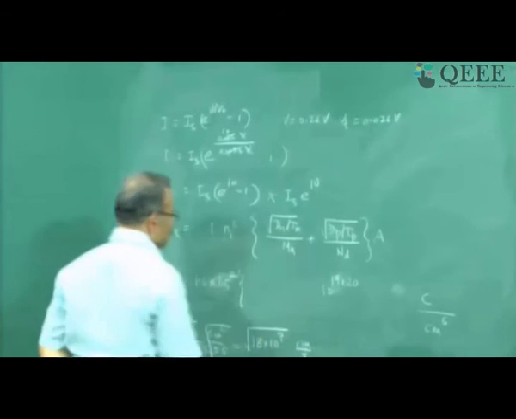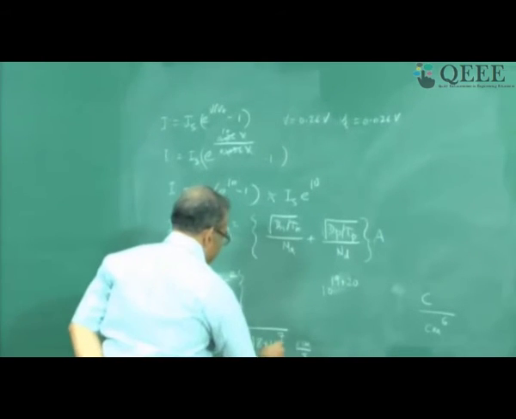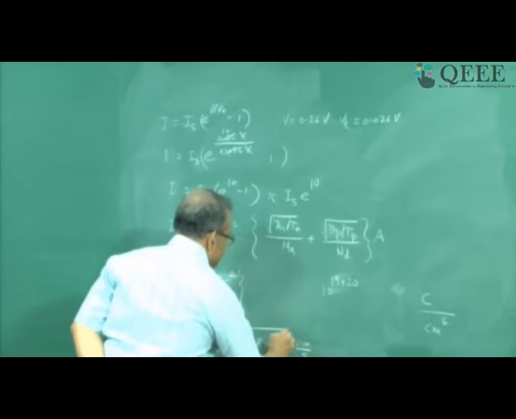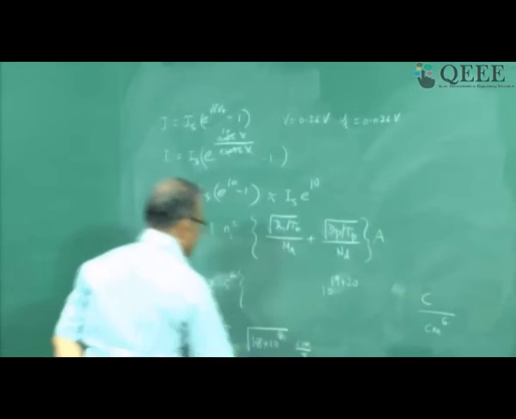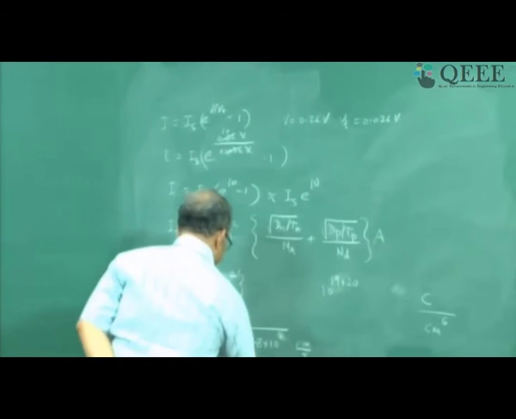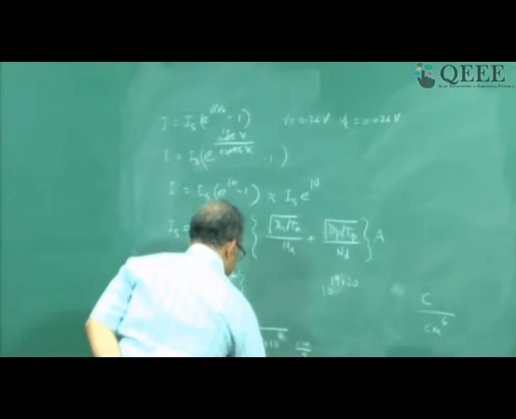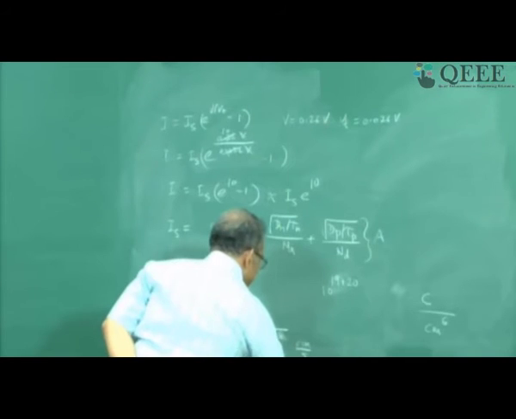Now when I take the square root of this, I can make it an even power. Maybe I can make it 1.8 into 10 power 8, and so the square root will be square root 1.8 into 10 power 4 centimeters per second.